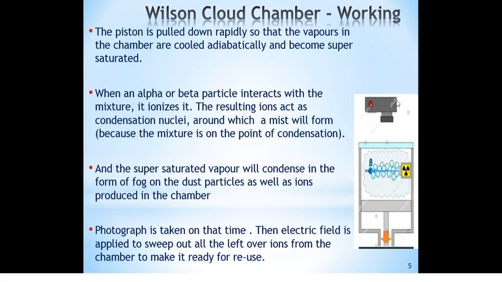Now the radiation enters the chamber from this source, and it ionizes the particles, and positive and negative ions are formed. Whenever these ions are formed, the mixture will undergo condensation on them, so that we can see the ions. Ions serve as the nuclei of condensation, and this can be photographed using a camera, and we can visualize the path of the charged particles when they pass through matter.